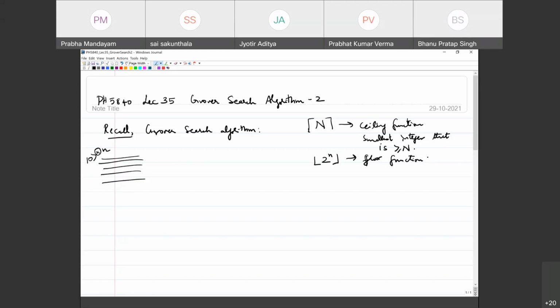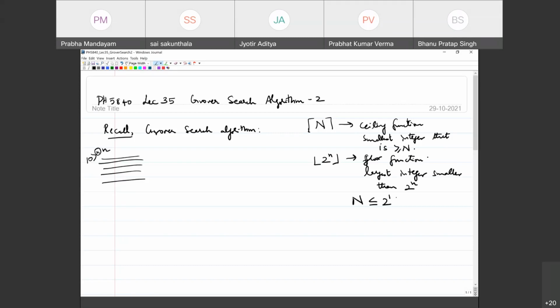So this is the largest, actually I should just say natural number, smaller than 2 to the n, right? So the connection is that capital N should be smaller than or equal to 2 to the n.